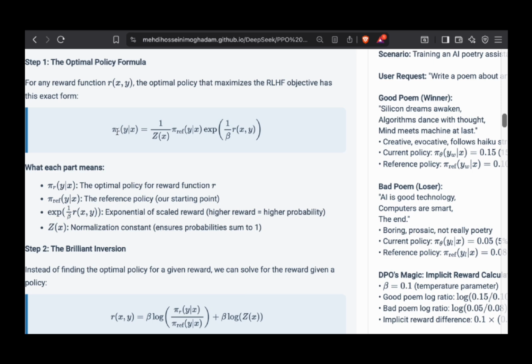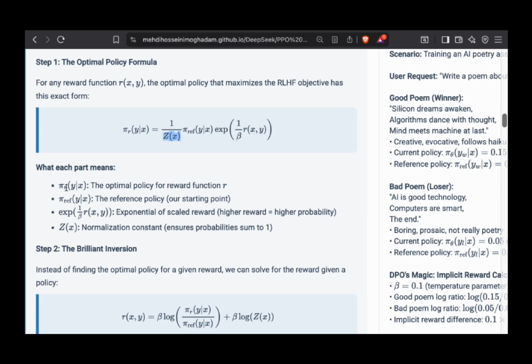The policy π_r of the answer y given a context x is 1 over Z(x), and just remember this Z(x), I will go deeply into it in a minute and what that means. 1 over Z times the reference policy times the exponential of 1 over beta times the reward function.